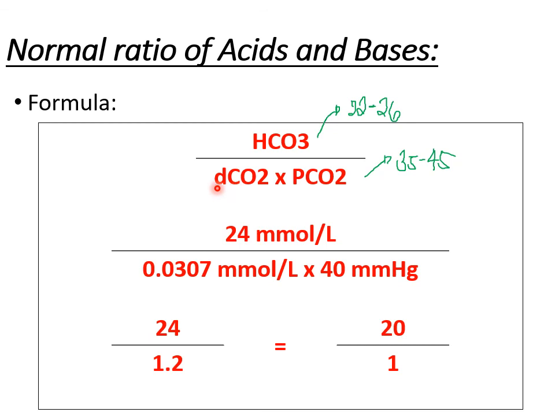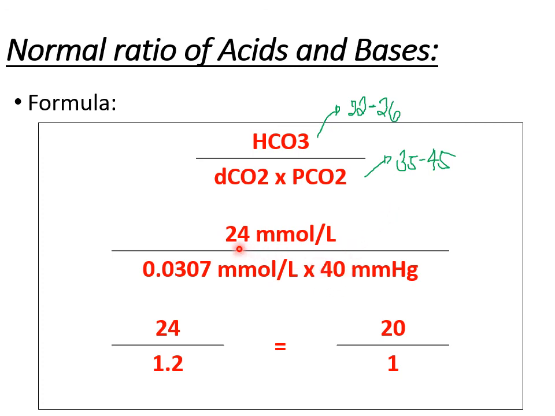DCO2 or dissolved carbon dioxide, ang average niyan is 0.0307, and the arterial pressure of carbon dioxide, ang normal range nito is 35 to 45 with an average of 40.